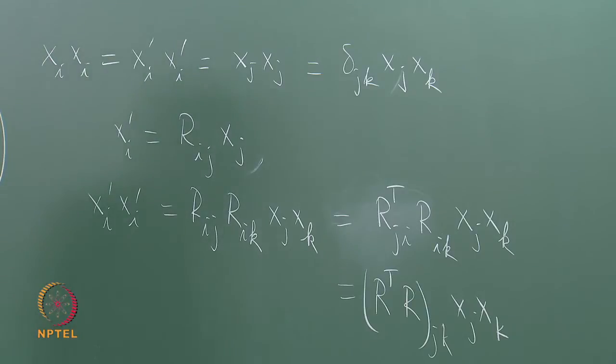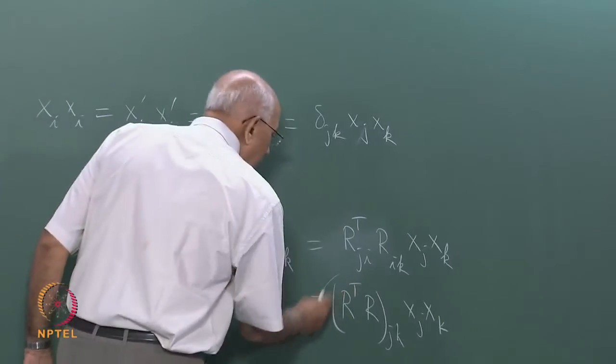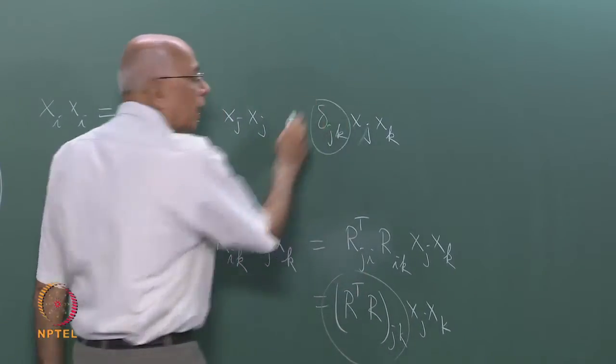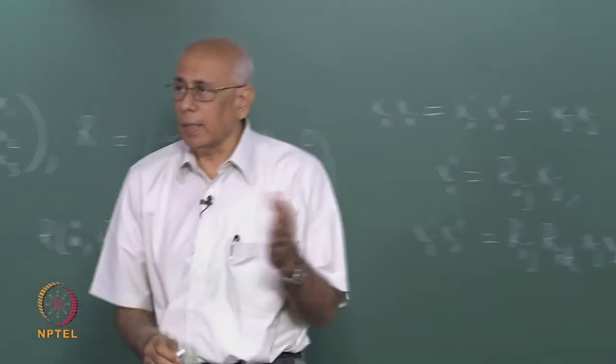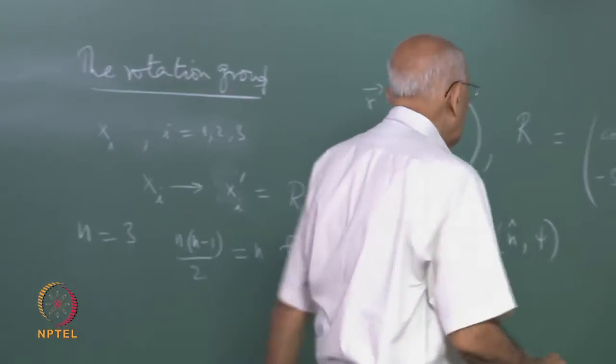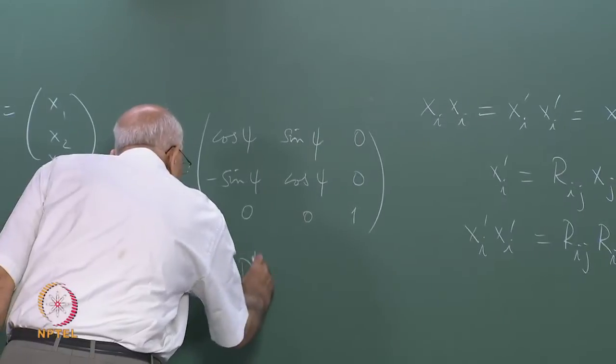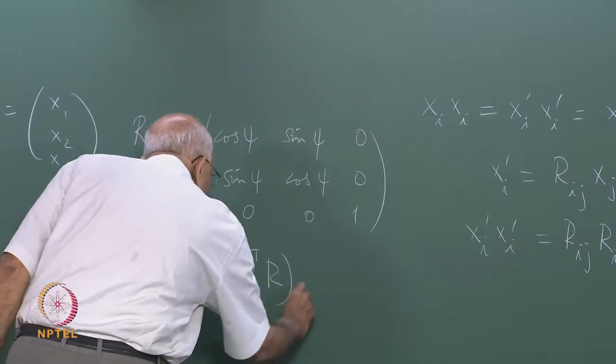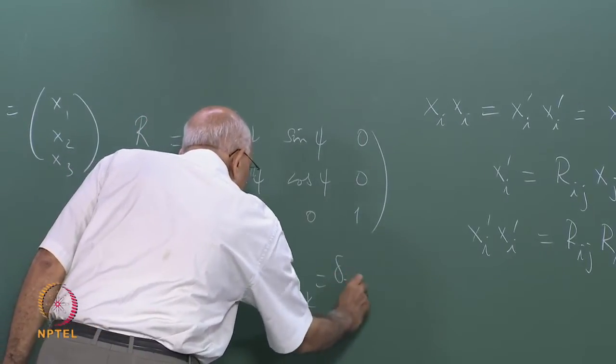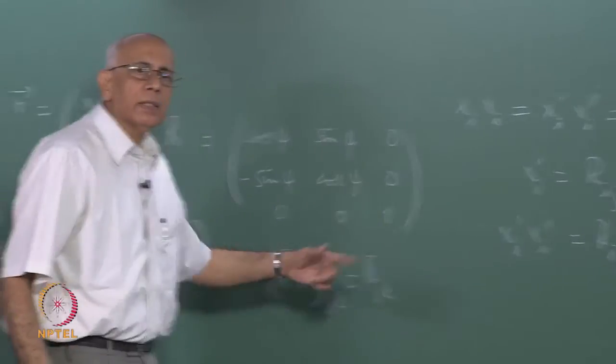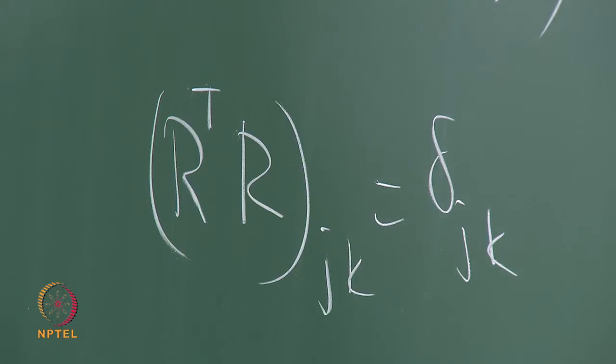Okay. So this means that r transpose r jk must be equal to delta jk for all j and k, but the Kronecker delta is just the matrix element of the unit matrix.